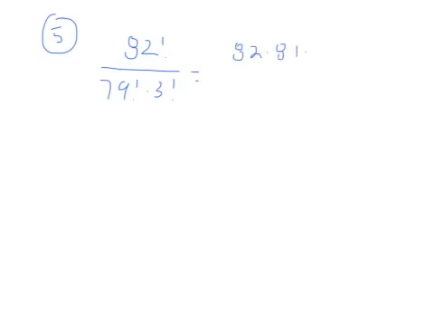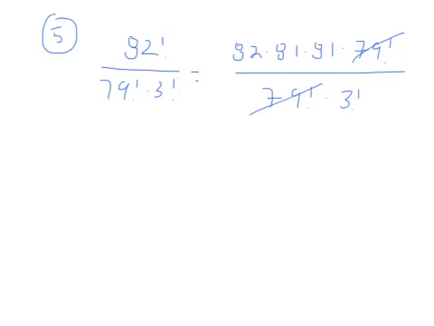Alright, in 5, what we can realize is that you can write 82 factorial as 82 times 81 times 80 times 79 factorial all over 79 factorial times 3 factorial. And so those go away. And then we could simplify this.